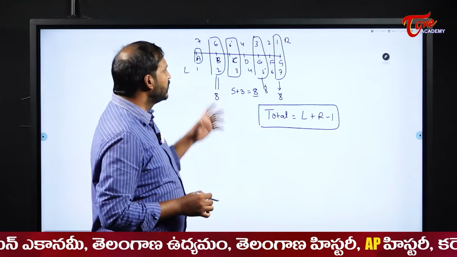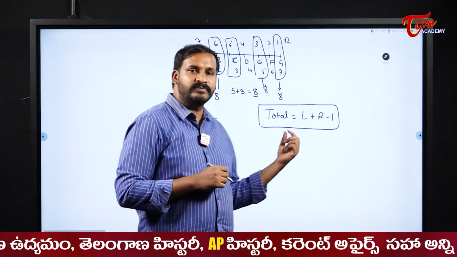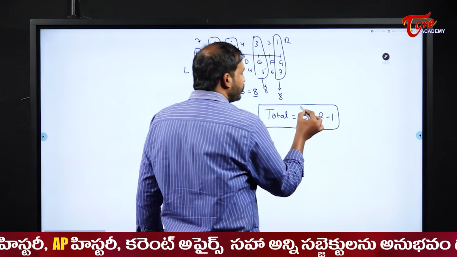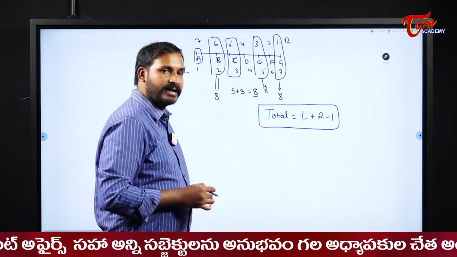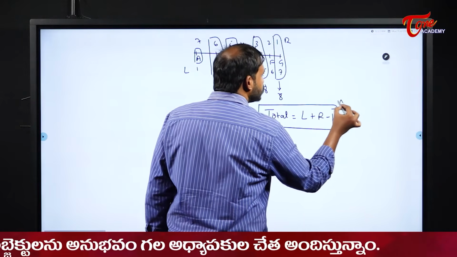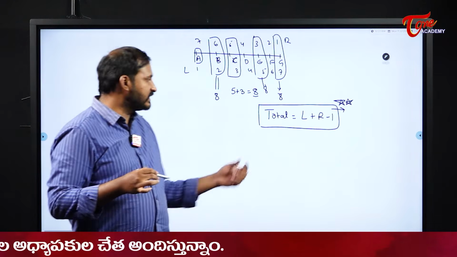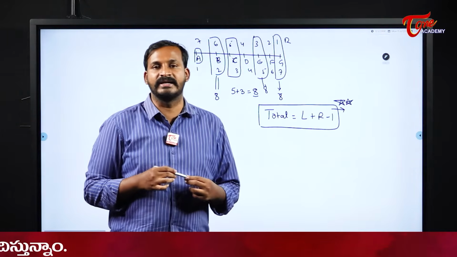So in a line, if there are n people and I know one person's position from the left and right, then the total number of positions is left rank plus right rank minus 1. This is the only formula we are going to use in our entire ranking test: total is equal to left plus right minus 1.